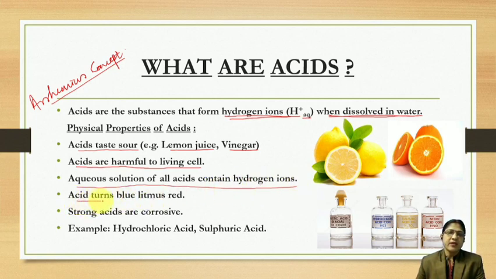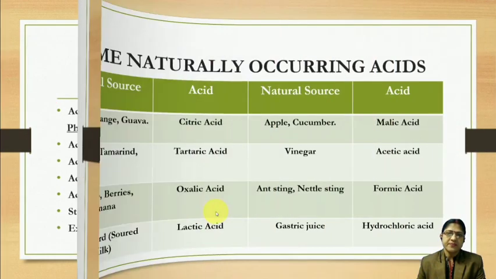And acids turn blue litmus red. You can remember this as blue in acidic medium turns red. Then strong acids are corrosive. Some examples of acids: hydrochloric acid, which is present in gastric juice, and sulfuric acid. These are very common examples of acids.